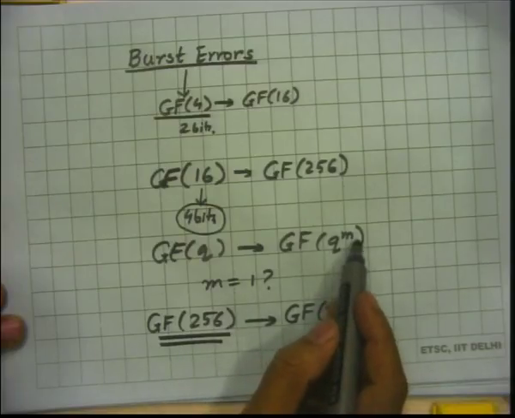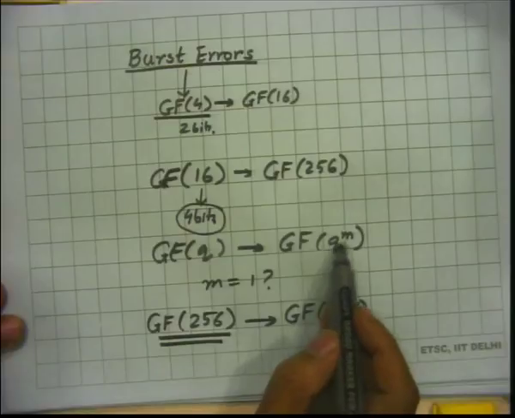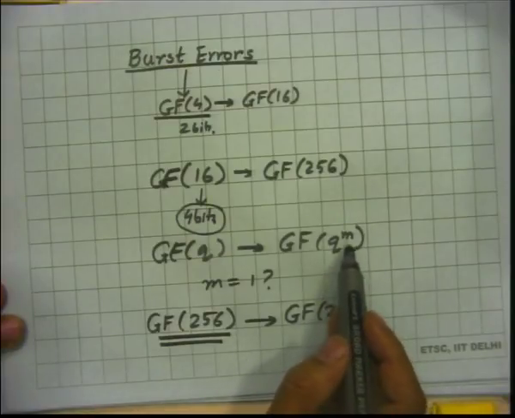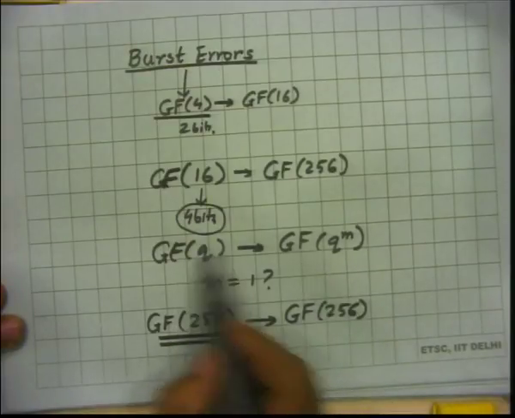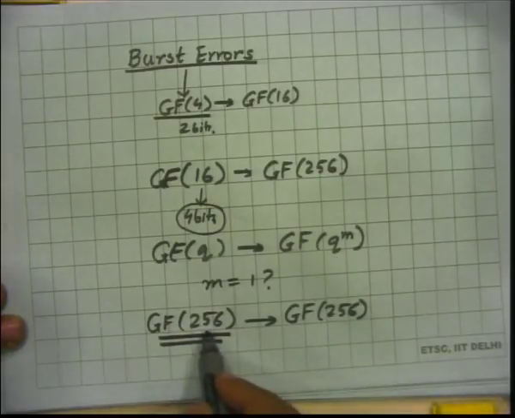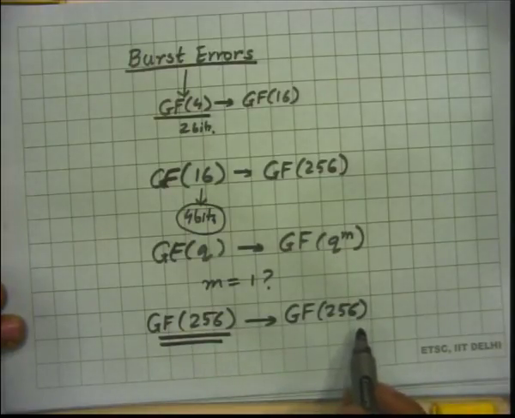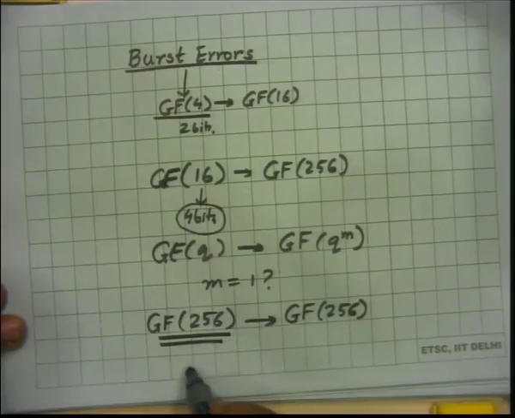different values of m. We just looked at m is equal to 2 and m is equal to 4, but what if m is equal to 1? GF2 to GF2 does not make sense, but GF256 to GF256 makes sense, because again I have the burst error correcting capability here.